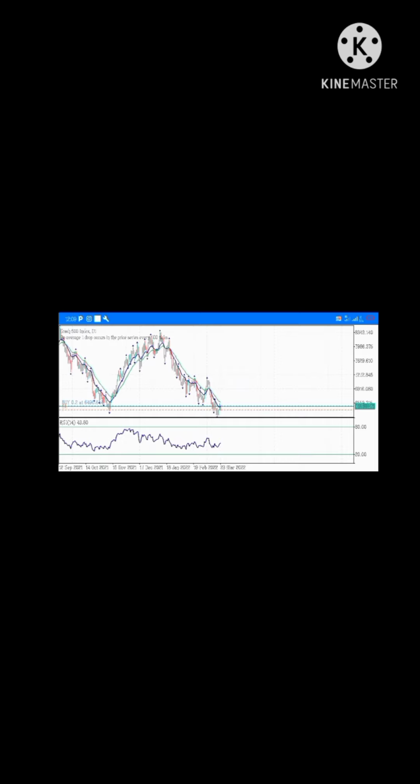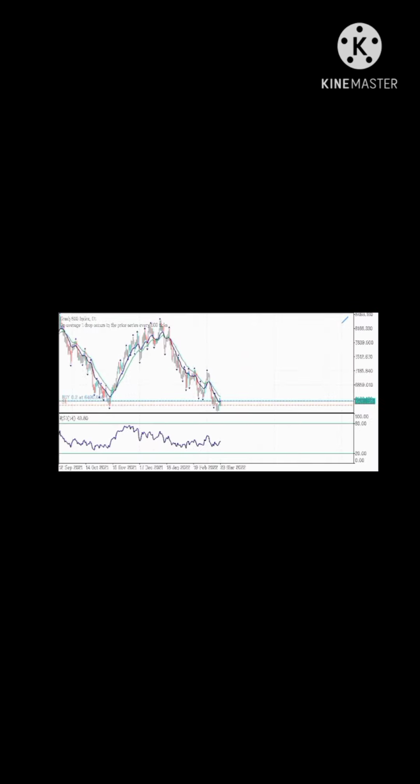And here now, this is a downtrend at the daily time frame. From here to here is a downtrend.